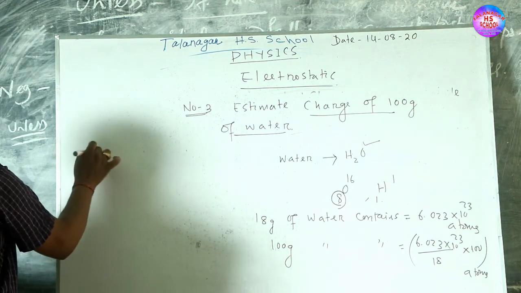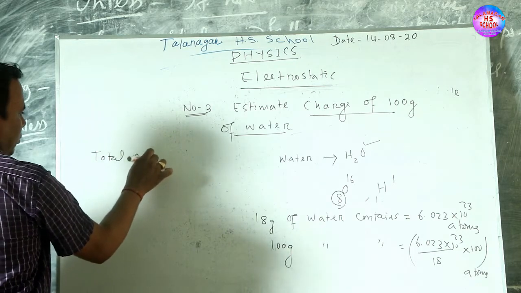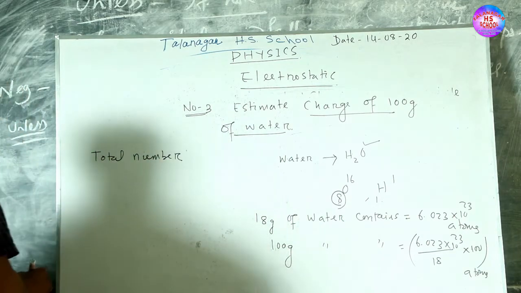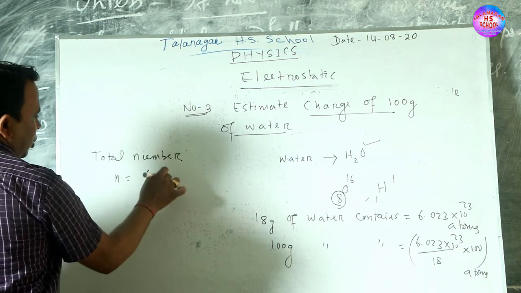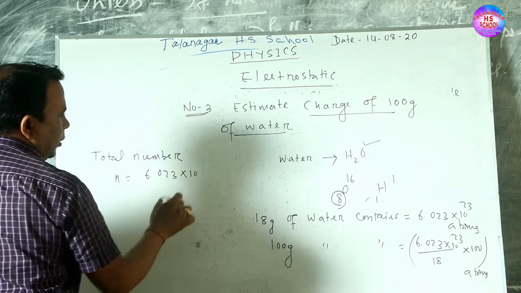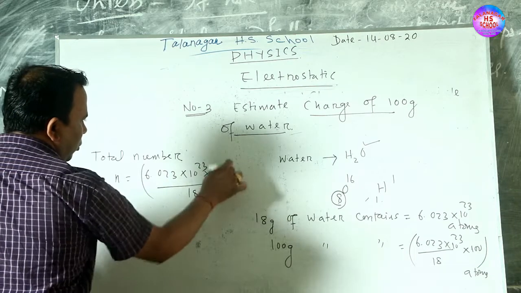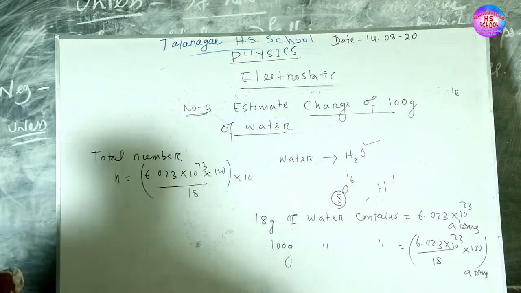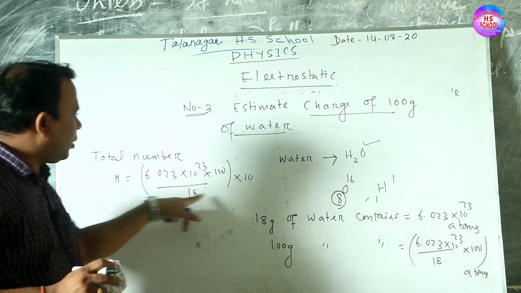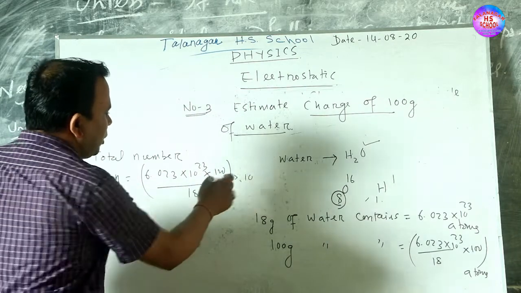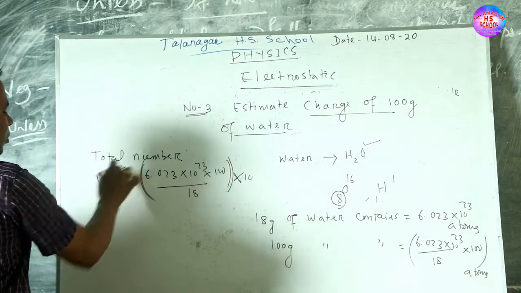Therefore, the total number of electrons is equal to 6.023 into 10 to the power 23 into 100 by 18 into 10, because each molecule contains 10 electrons. Here the atomic number means the number of electrons or protons. So we have the total number of electrons.